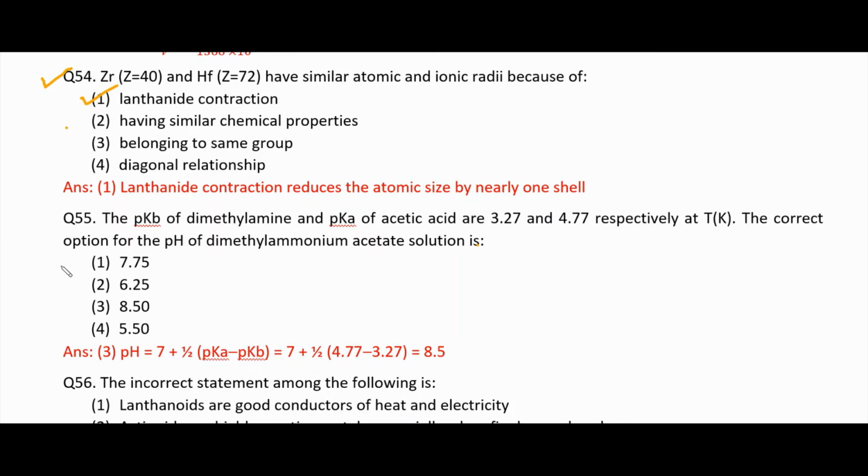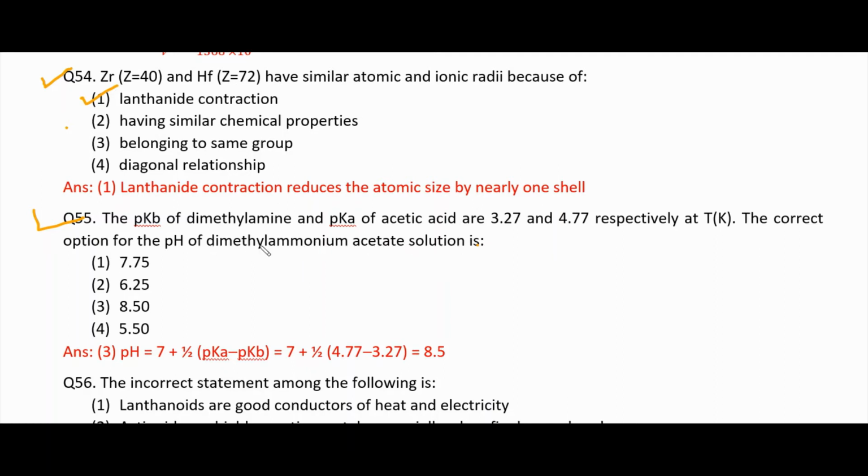Next question, question number 55. The pKb of dimethylamine and pKa of acetic acid are 3.27 and 4.77 respectively at a particular temperature T. What is the correct option for the pH of dimethyl ammonium acetate solution?